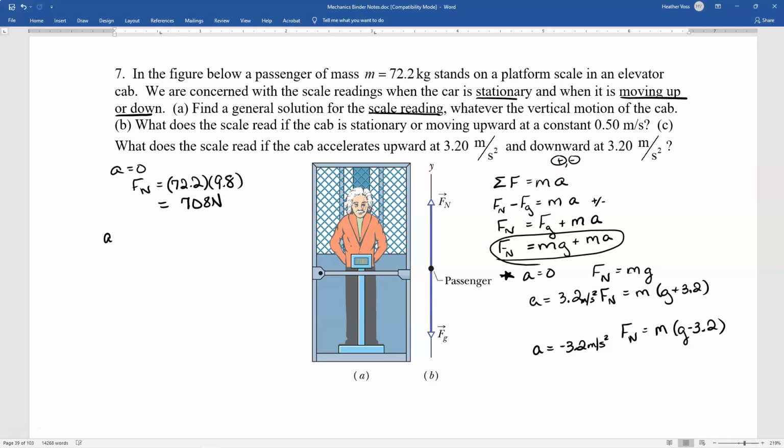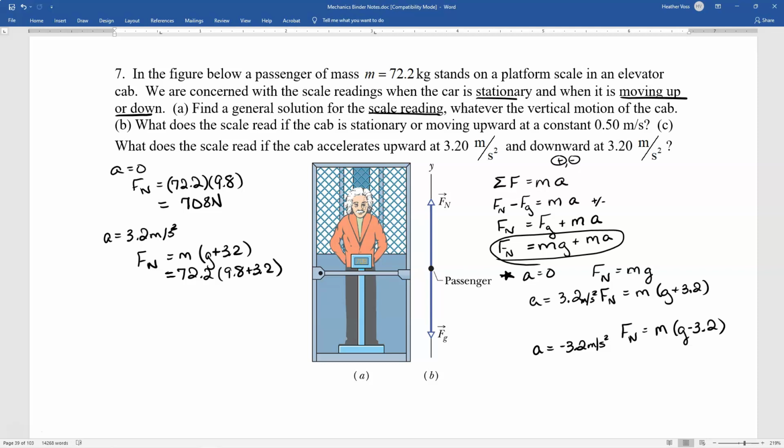Then if my acceleration is a positive 3.2 meters per second squared, my force normal using that base formula is going to equal my mass times g plus my acceleration, 3.2. So I'm going to have 72.2 times 9.8 plus 3.2.